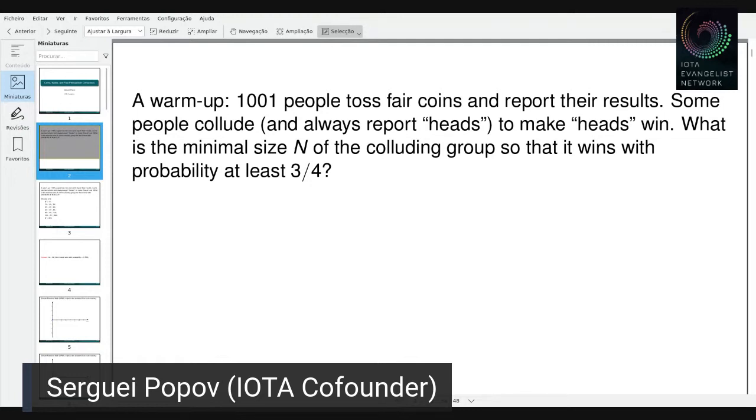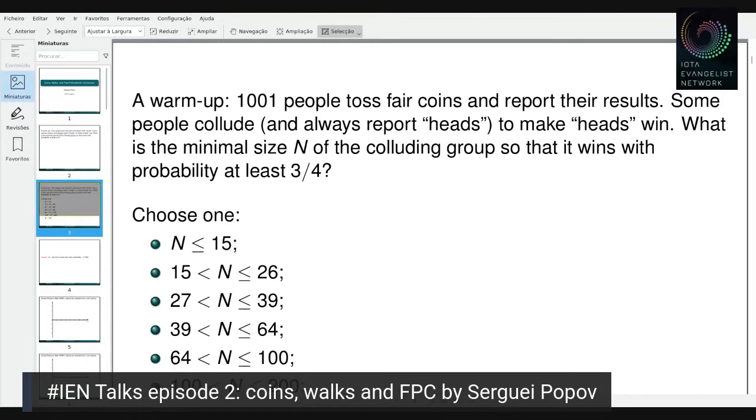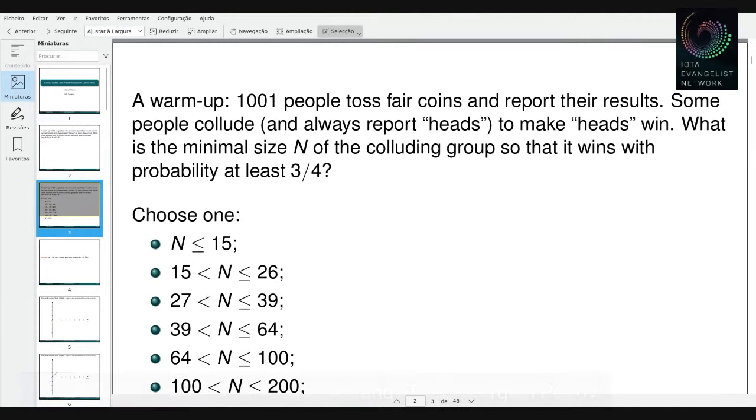Problem. What is the minimal size n of the colluding group so that heads wins with probability at least 75%, 3/4? Now, I want you to think about it a little bit and just listen to your intuition.